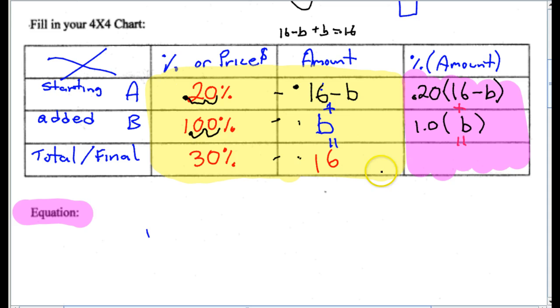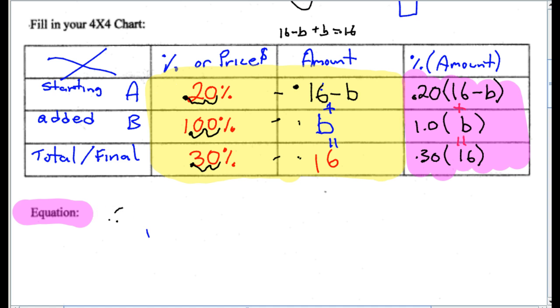And then lastly, we have 0.30. Go ahead and write the full equation, but horizontally. So write this horizontally.